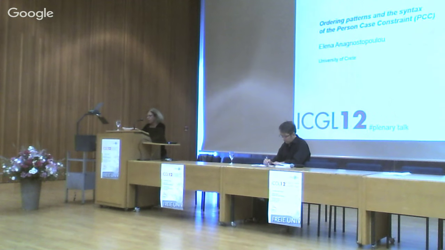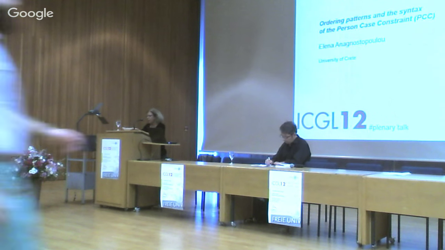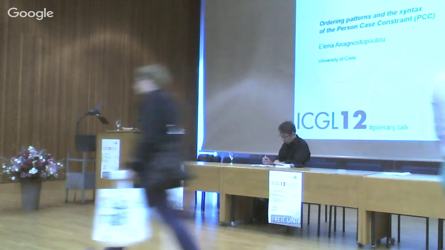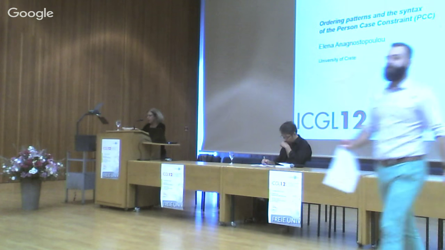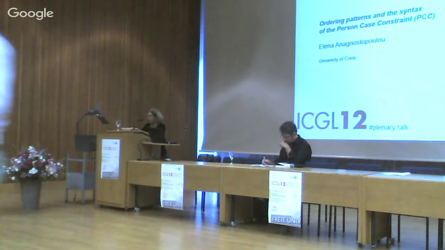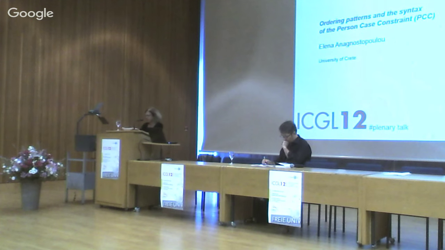I'm going to discuss weak pronoun languages, German versus English, and also Greek, French for instance, or Catalan versus Greek and Spanish. And I will show that the problem arises. I will show that they differ with respect to the order of the weak pronouns or prefixes, but they do not differ with respect to the existence of the PCC.